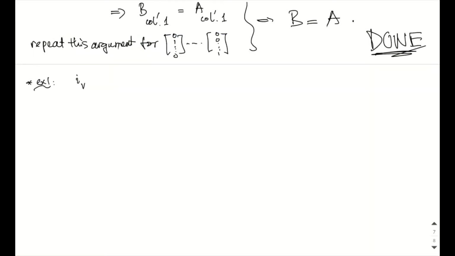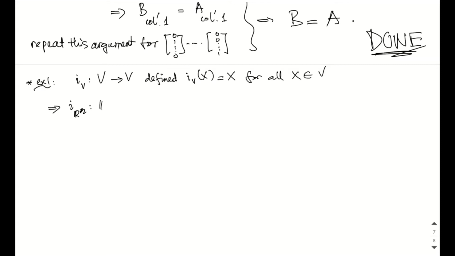So remind that the identity transformation from a general vector space V into V is the one that is defined by IV of x equals x for all x in V. So that implies if you want to find the identity transformation on Rn, that is going to go from Rn to Rn, and that is defined as I_Rn of x being x for all x in Rn.